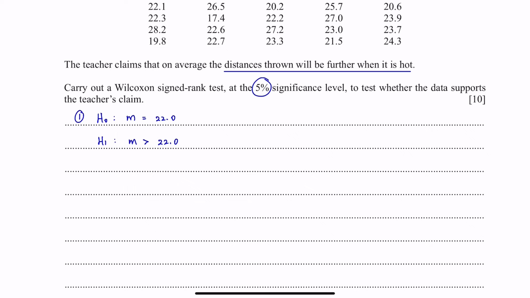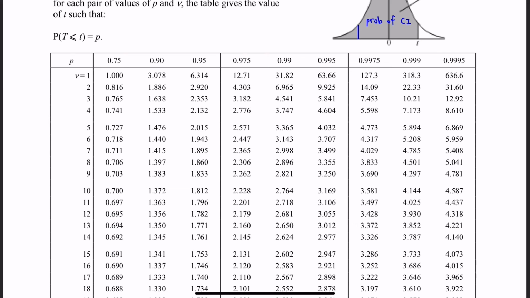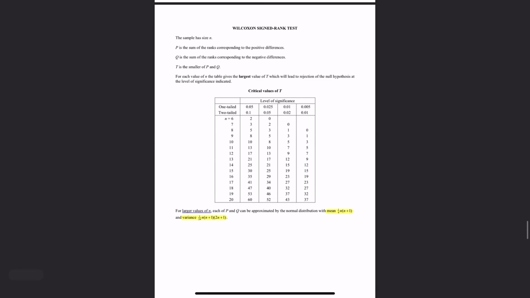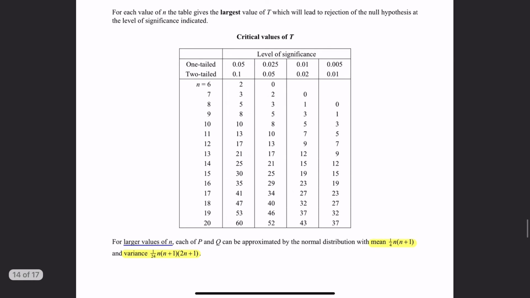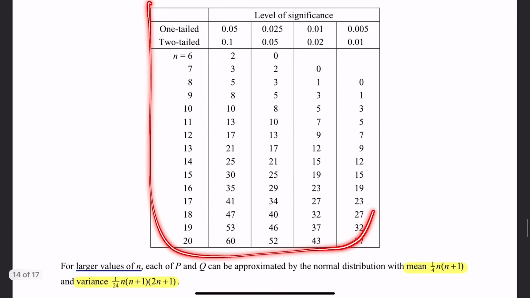Okay, second step, because the sample size is 25, which is larger than 20, in this case we cannot use this table over here for the Wilcoxon signed rank test. We can see that the sample size is only until 20, so we can't really use this table.